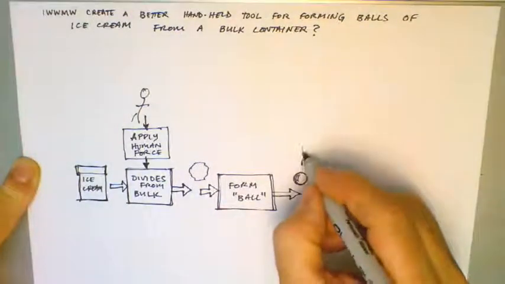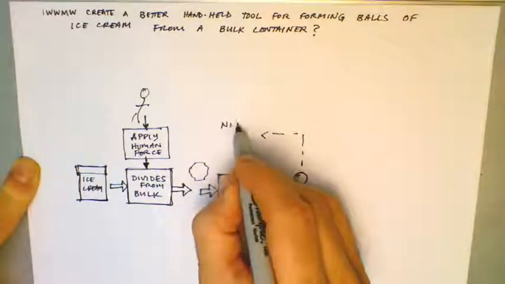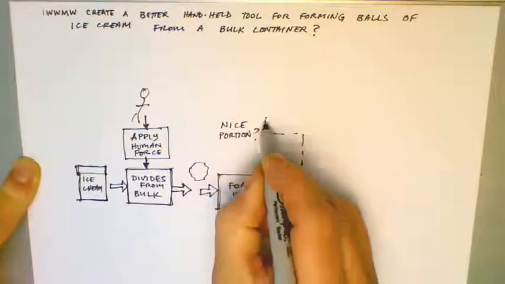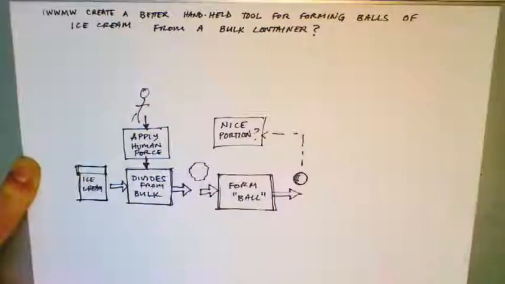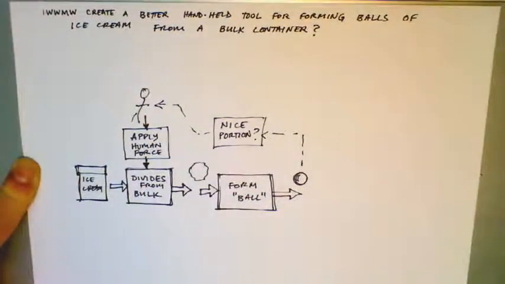You might imagine some kind of signal, which is, is it a nice portion? And that flow goes back to the user.